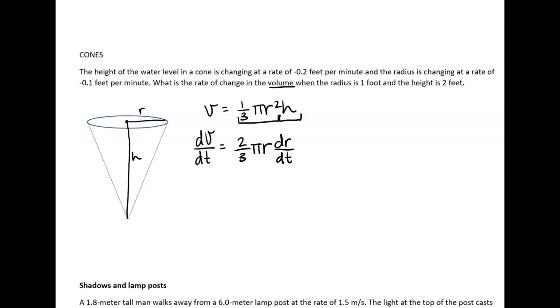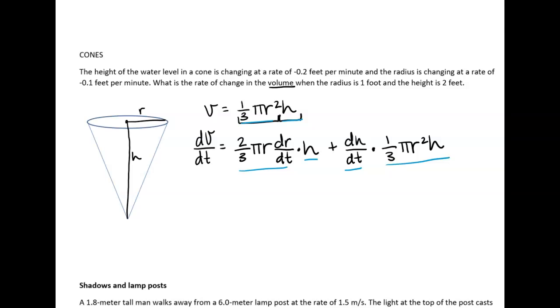So that's f prime times g, so times h, plus the derivative of our second function. Derivative of h is just dh/dt times our first function, which was 1/3 pi r squared h. So again, if this was f, this was g, we have f prime times g plus g prime times f.